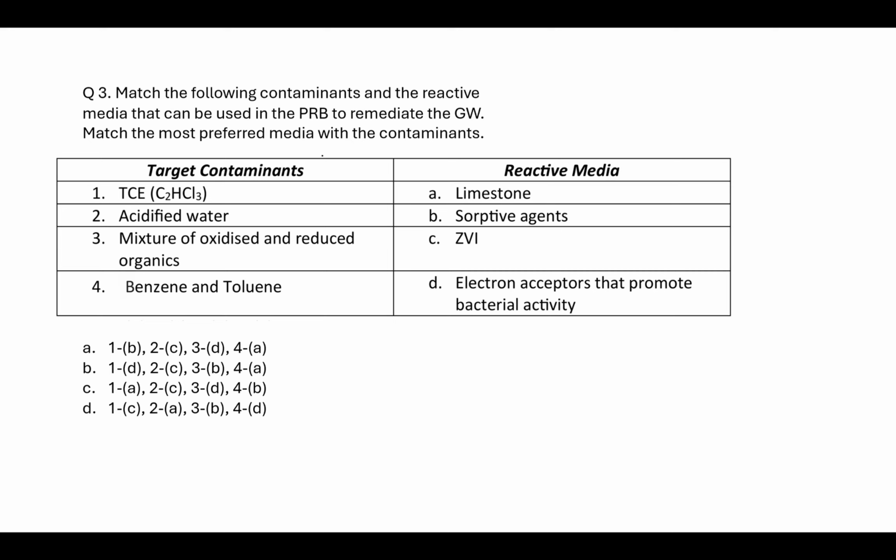So we can use some sorptive agents for that. The oxidized and reduced organics will get sorbed on these reactive media and can be removed. And last is benzene and toluene. So we can use some electron acceptors that promote bacterial activity. So option D will be correct.